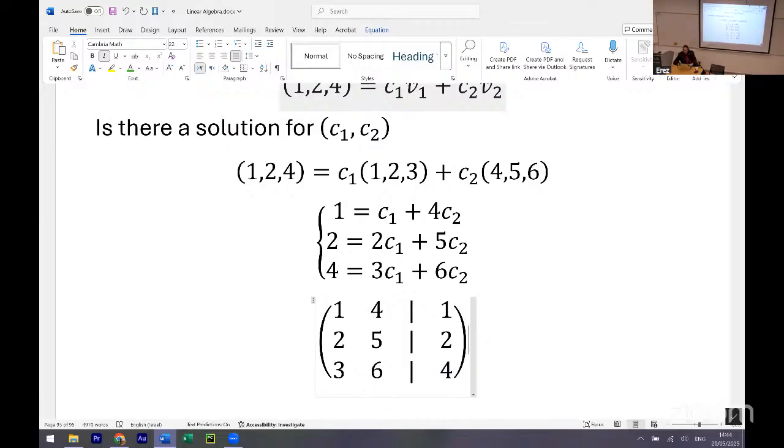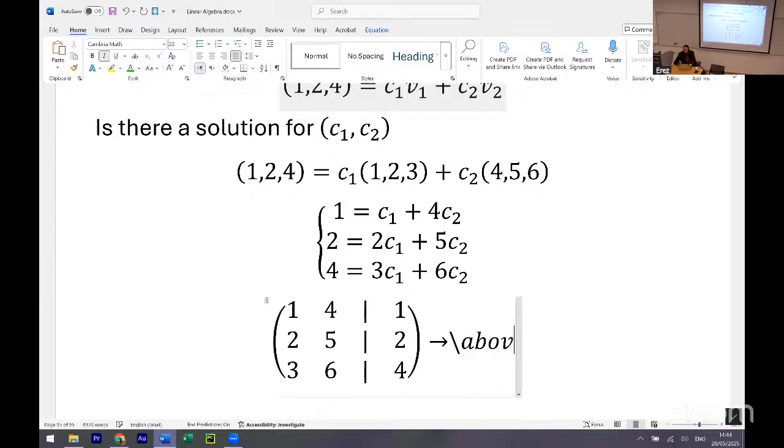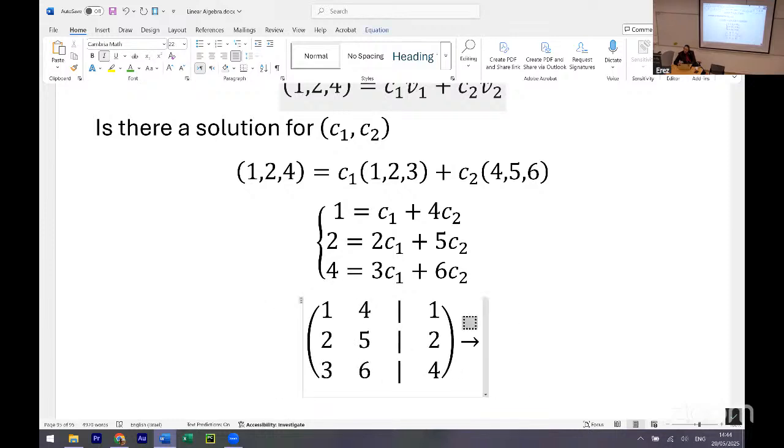Now, let's solve it. What is our question? Whether there is a solution. If we actually wished to find the scalars, meaning how far should we go in each direction, that's what we will call coordinates, and we'll learn about it in the future.